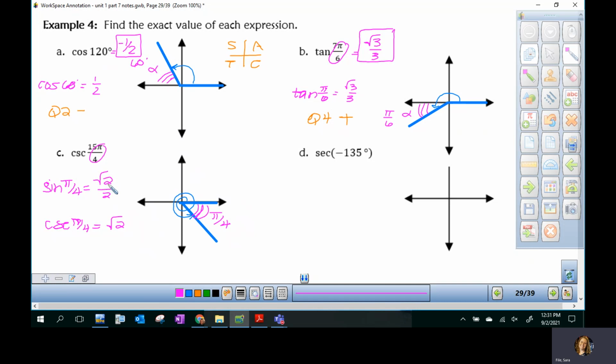When a square root of a number is over that number, the reciprocal is the square root of the number. It's just the numerator. You don't want to go through the whole process of flip it, rationalize it, simplify it. Just know it. So cosecant at pi fourths is root 2, and I am in quadrant 4. So in quadrant 4, should sine, and therefore cosecant, be positive or negative? Negative. So my answer here is negative square root of 2.